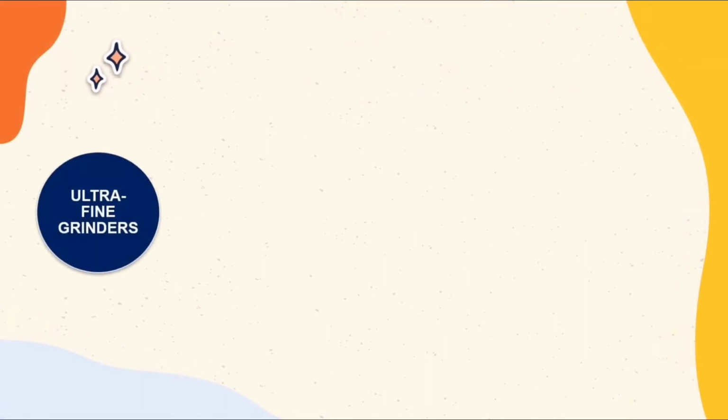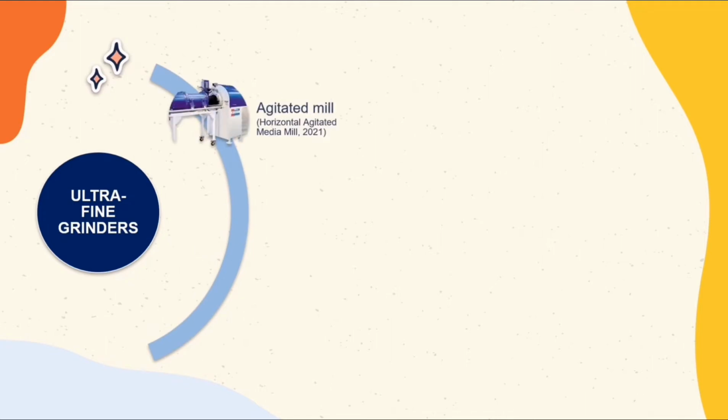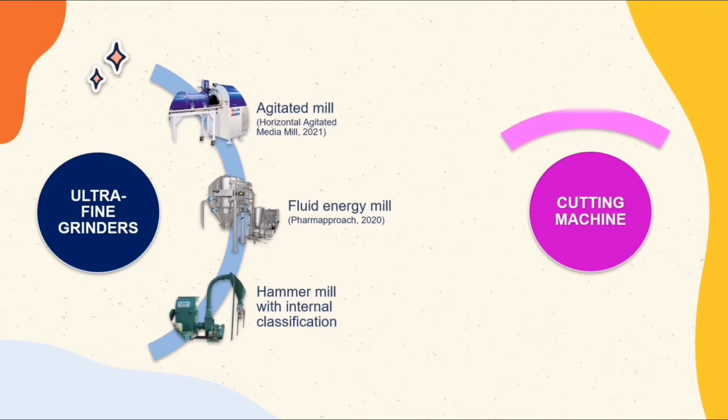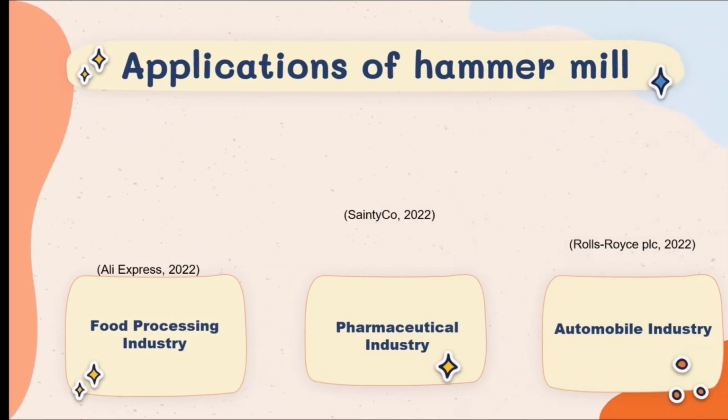Other than that, for ultrafine grinder, it can be classified into agitated mill, fluid energy mill, and hammer mill with internal classification. Lastly, cutting machine, for example, rotary knife cutters.